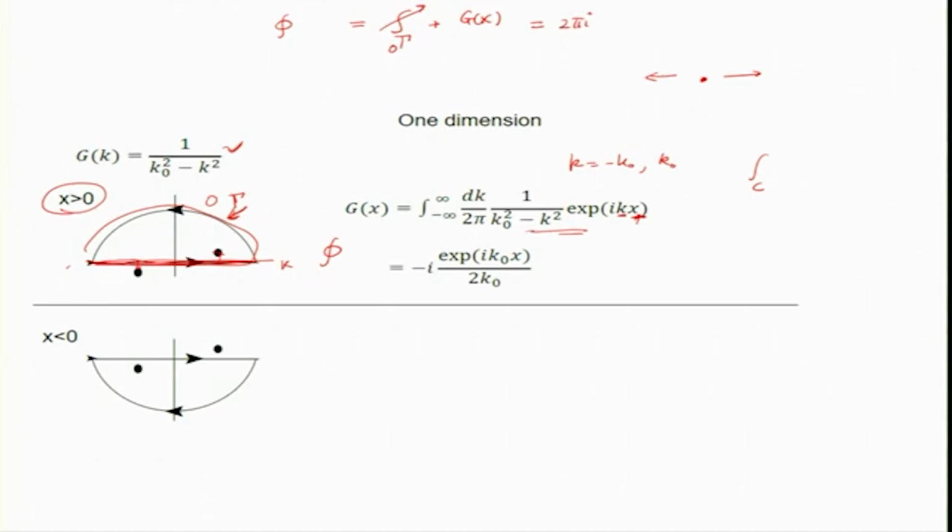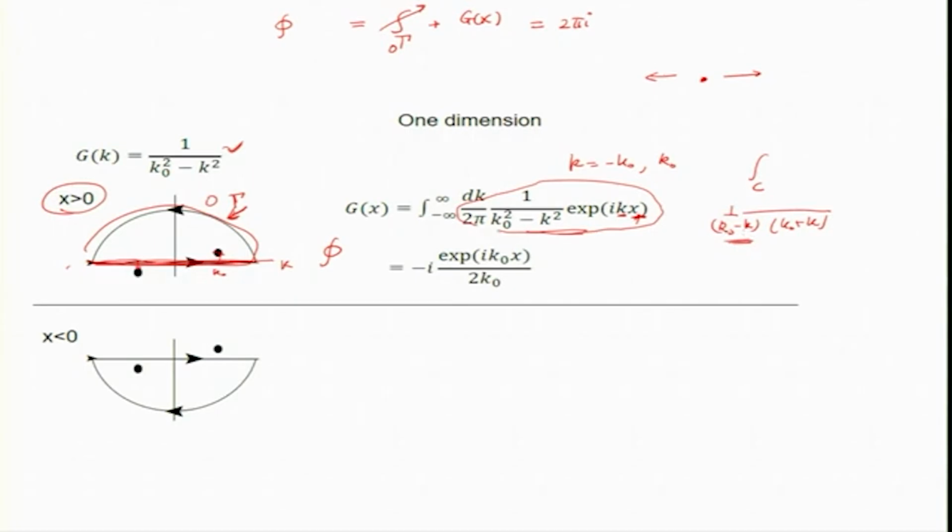Okay. Now, look at this part. So, we write the bottom as k naught minus k, k naught plus k. So, the pole is at k equal to k naught, this is k naught plus epsilon. Okay. So, the pole has been shifted, but epsilon is tiny.